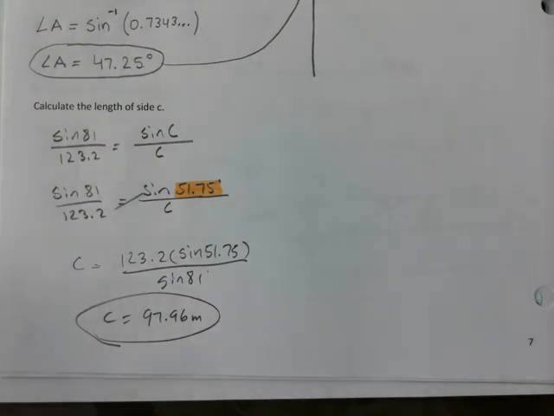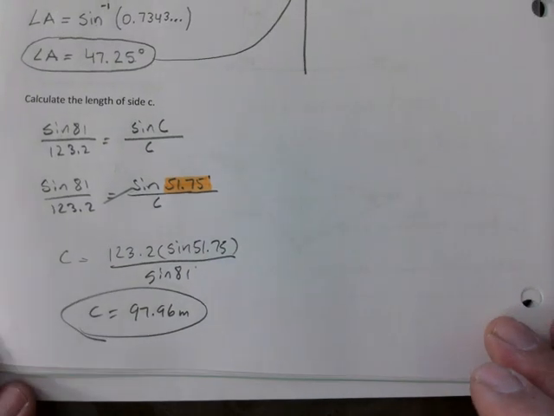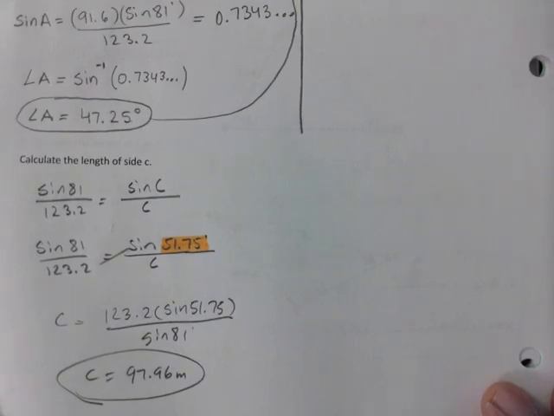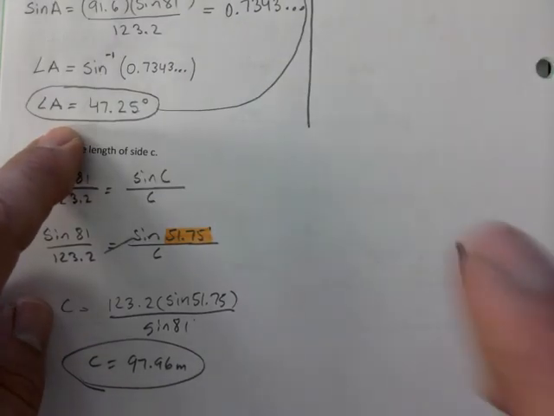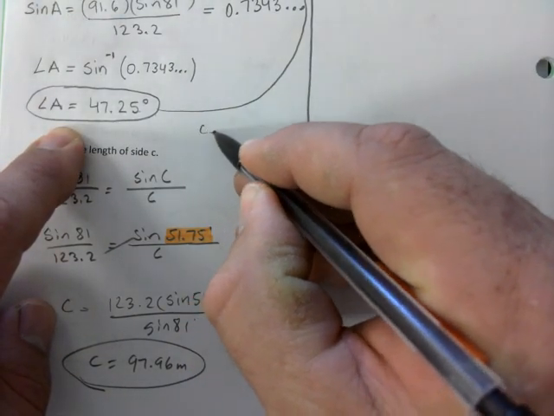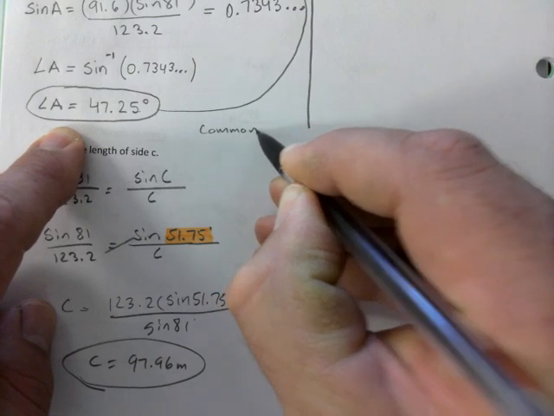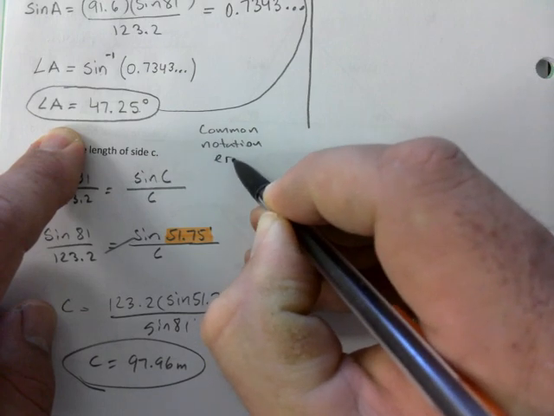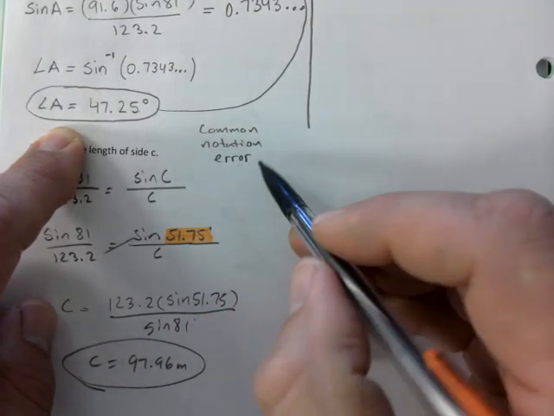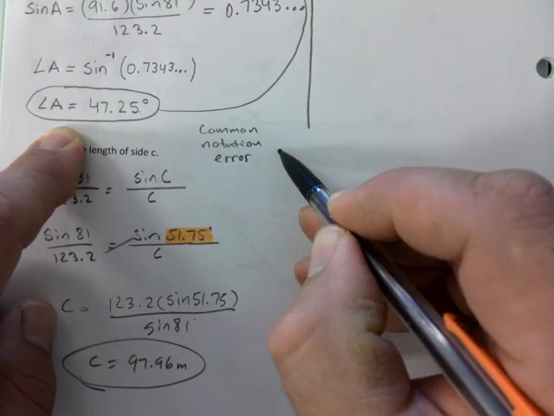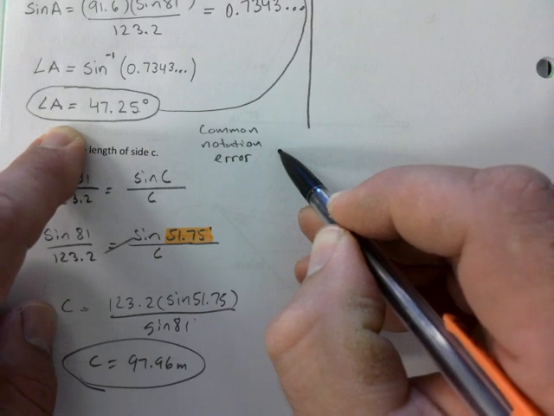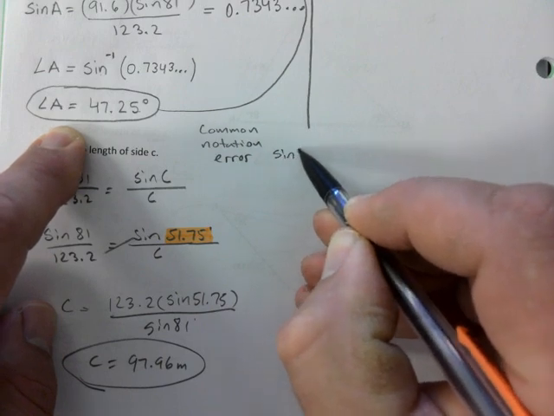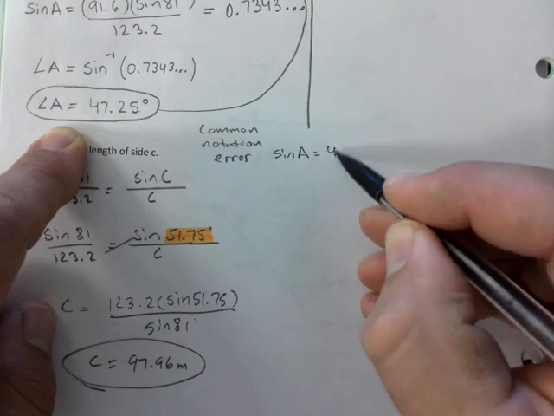Oh, can I just talk about another common error? Why are you focusing on the errors, Mr. Reese? Because I don't want you to make them. Here, a common notation error would be, instead of angle A is 47.25, students say sine A is 47.25.